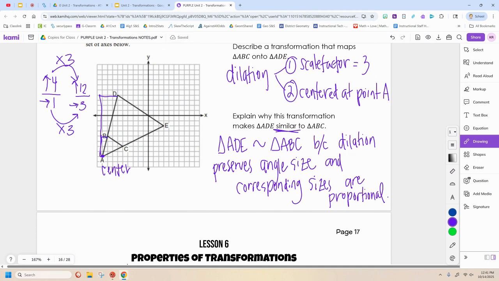Corresponding sides are proportional. And sometimes it's helpful to just memorize that definition or statement.